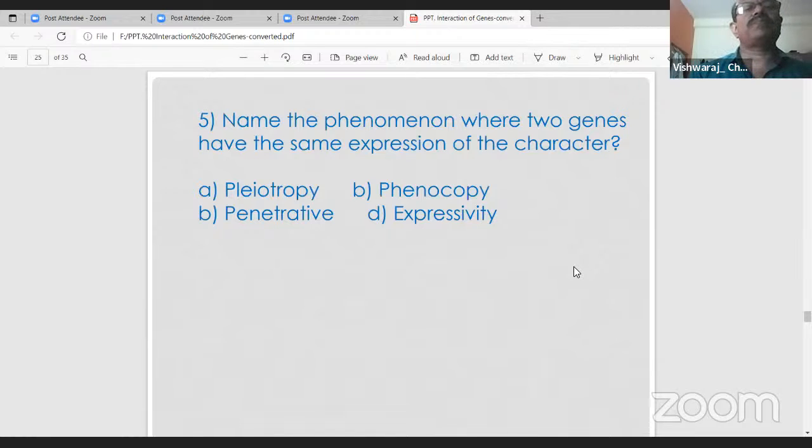Question number 5. Name the phenomenon where two genes have the same expression of the character.